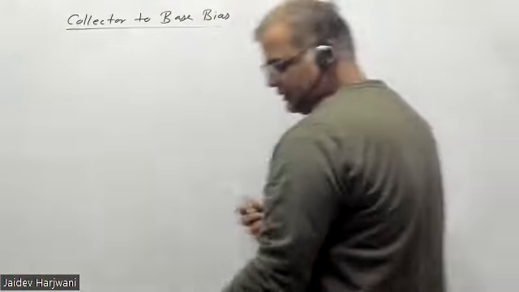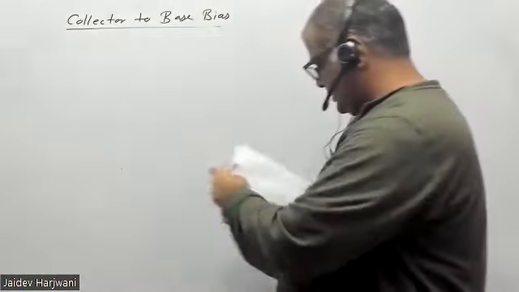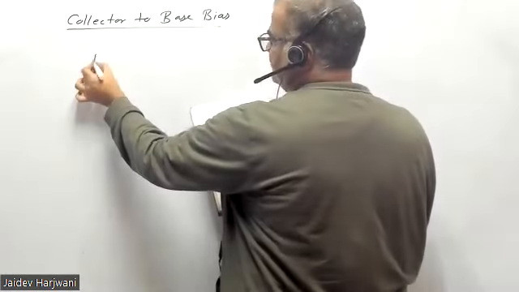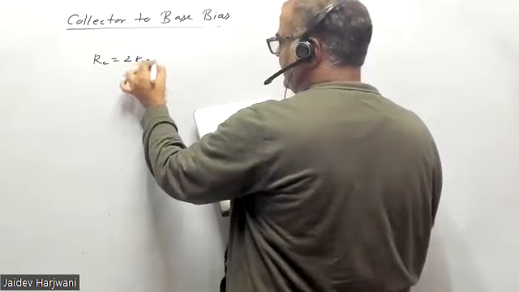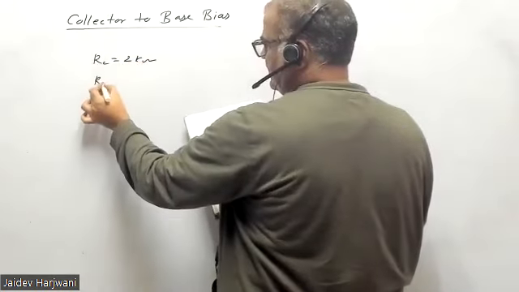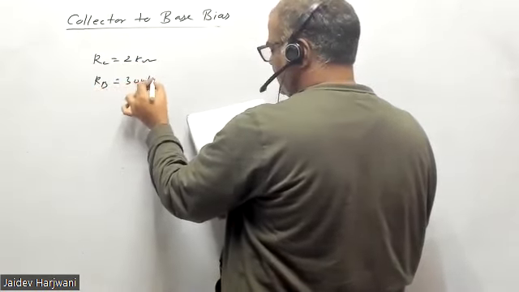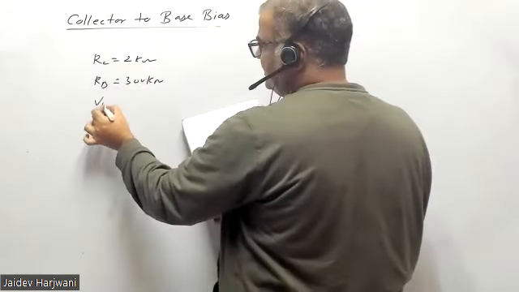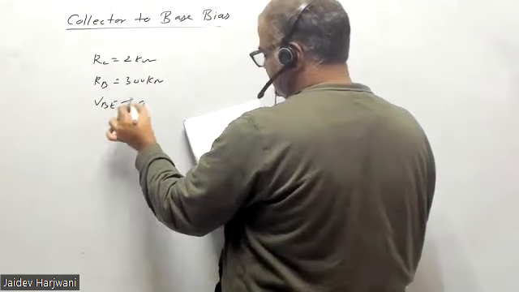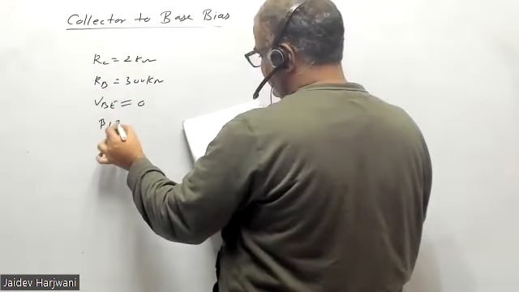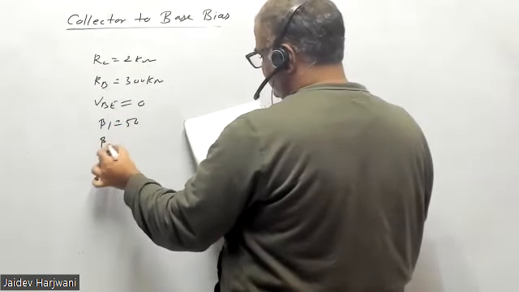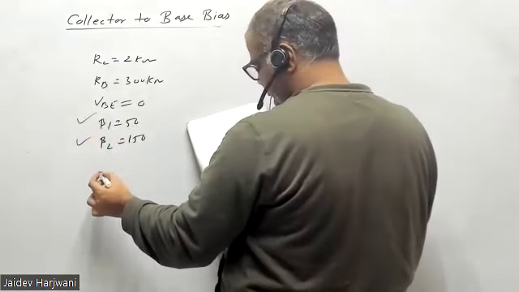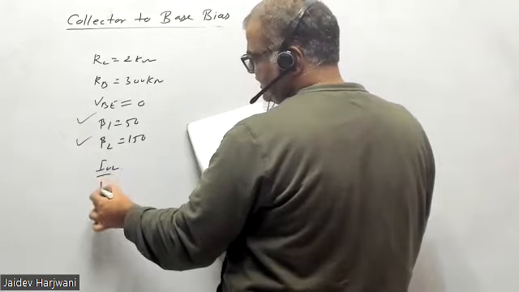Now the same circuit I'm giving you, RC value 2 kilo ohm, RB value 300 kilo ohm, and you can neglect VBE, you can take it 0, and I'm giving you beta1 equals 50 and beta2 equals 150. In both cases you find the ratio of IC2 versus IC1.